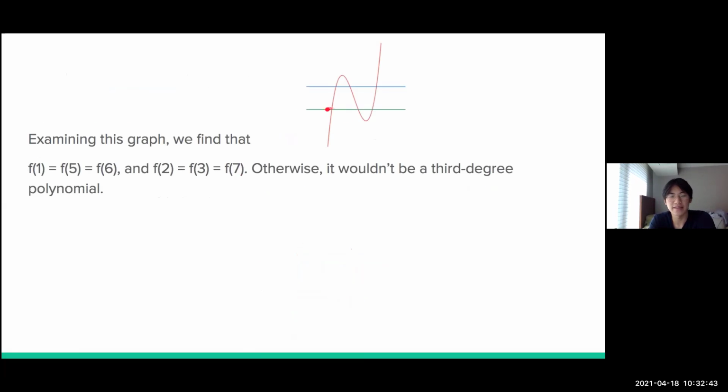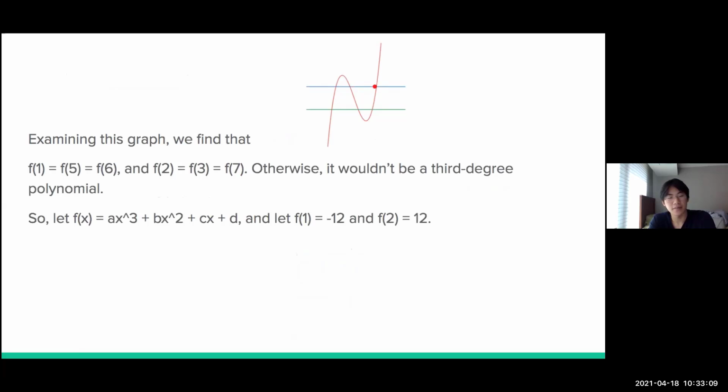So 1, 5, and 6 should be the same, while 2, 3, and 7 should also be the same.